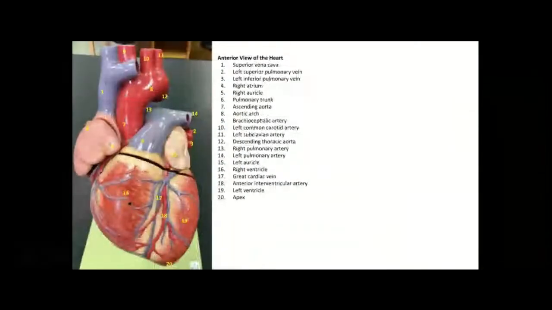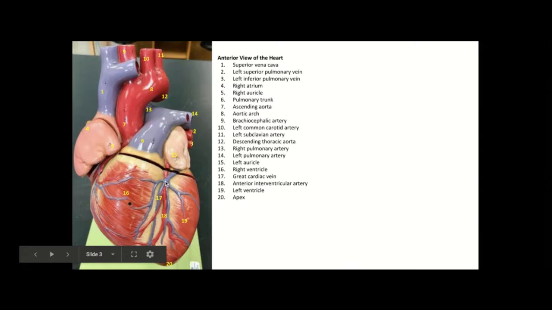Okay, so this is the heart which we worked on before. Here you can see the anterior interventricular sulcus. In anterior interventricular sulcus, you have one artery and one vein. Number 18 is anterior interventricular artery, and number 17 is great cardiac vein. They are neighbors.